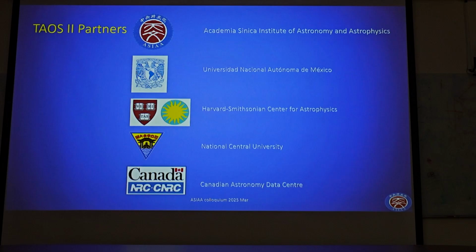The telescope is hosted by our partner UNAM at San Pedro Mártir Observatory, and CfA has been our long-term collaborator through Charles Alcock. They provided technical advice for the telescope and in the beginning of the development of the camera. We're students from Central University, and CADC is taking care of the data archival of TAOS II.